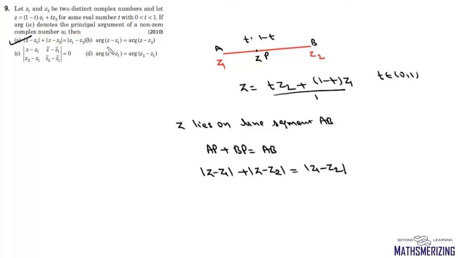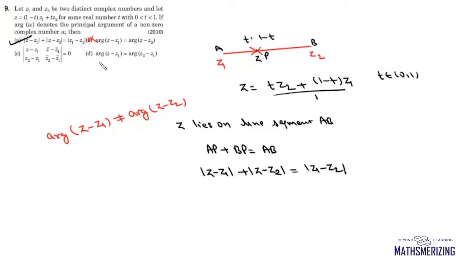Now we look at the argument of Z minus Z1. Z minus Z1 is this vector, and Z minus Z2 is this other vector. The argument of Z minus Z1 is not equal to the argument of Z minus Z2, as these two vectors are in opposite directions. So option B is incorrect.